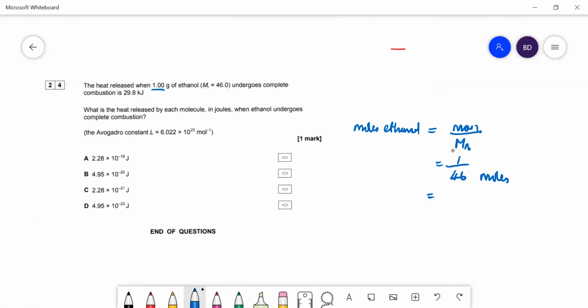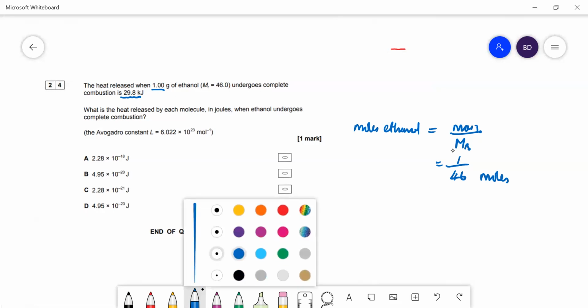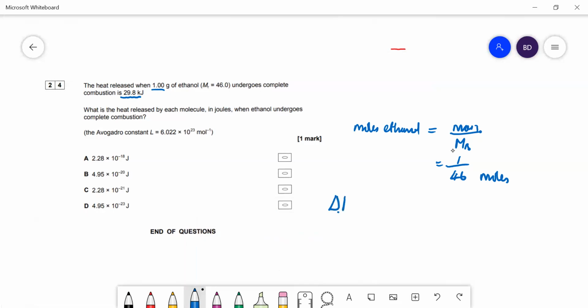Right, that releases 29.8 kilojoules. That many moles. Okay, so let's work it out for 1 mole, shall we? Right, so we know that delta H is equal to Q, the heat released, divided by the number of moles.